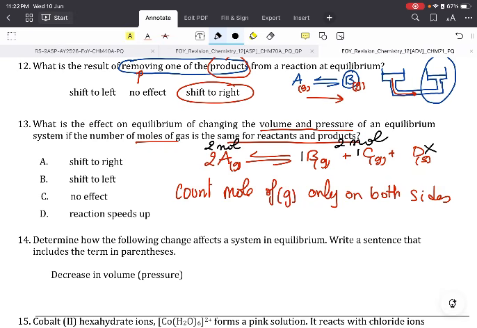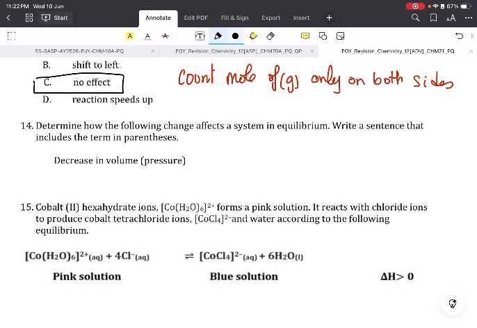That's what it says in the question. They gave us an equilibrium in which the number of moles of gas is the same for reactants and products. In this case, any increase or a decrease in the volume or the pressure is not going to have any effect on the equilibrium, because either sides are not going to affect or influence the pressure inside the container.